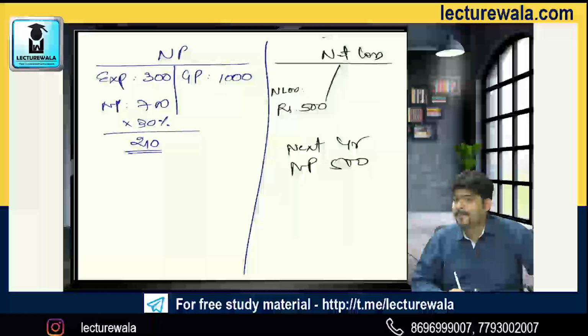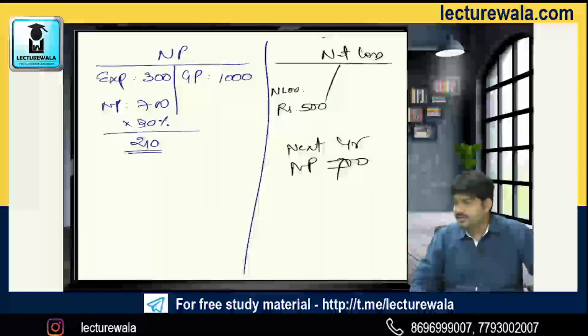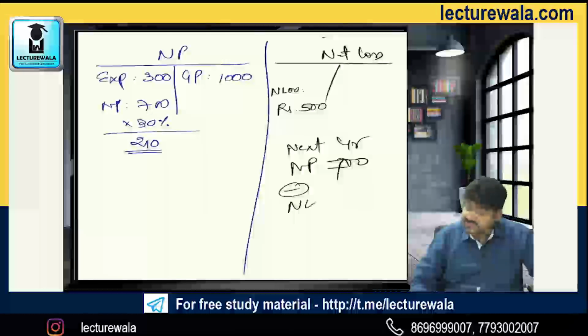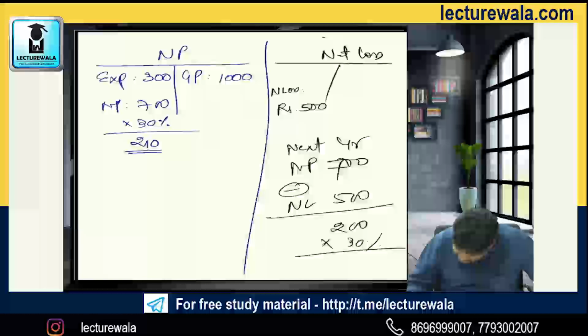Suppose next year I make a net profit of 700. Can I say there is a provision of set off? So will I pay directly full tax on 700? Can I say I will first reduce the net loss which I had made in the last year? So 500 will be reduced. So how much is net? 200 into 30% is how much? It is 60.